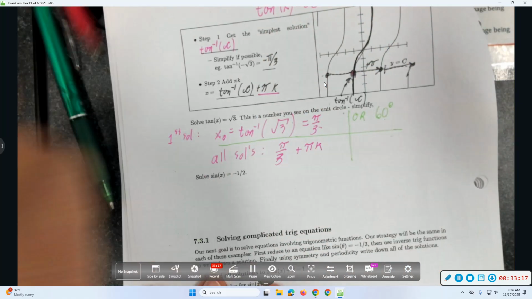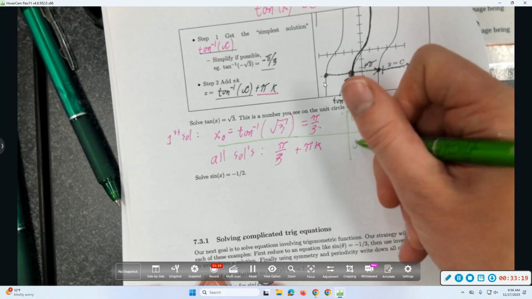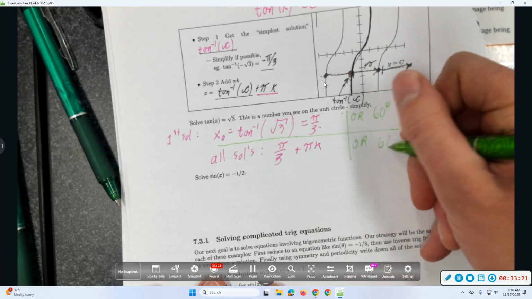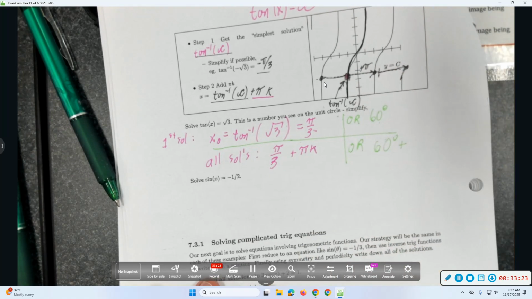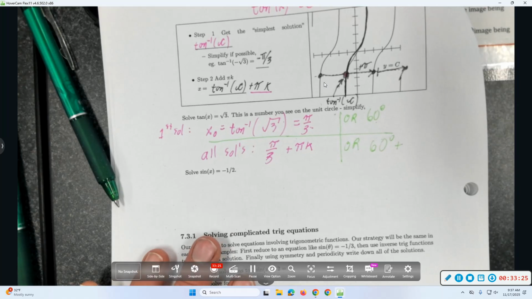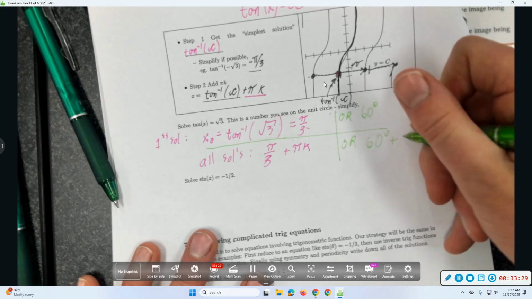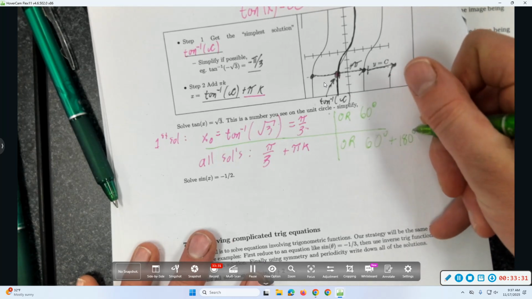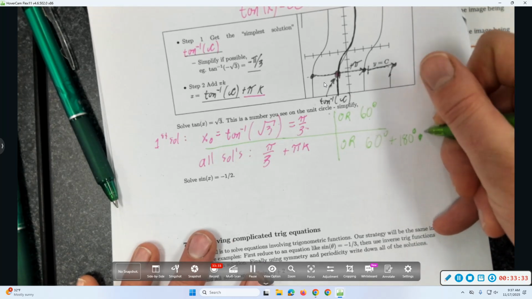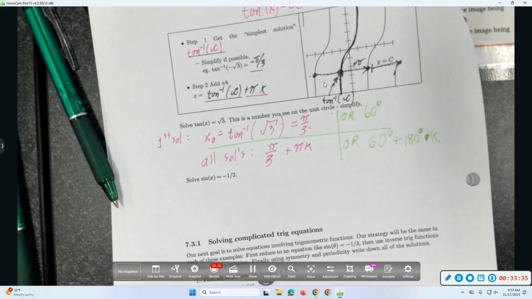And let's write that in degrees too. Or 60 degrees plus... how many degrees is pi radians? 180. Or 60 degrees plus 180 degrees times k, where k is allowed to be any integer. Nice. That feel pretty good?